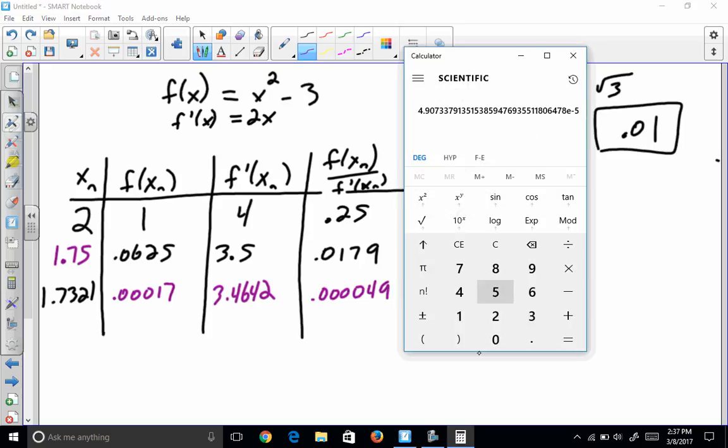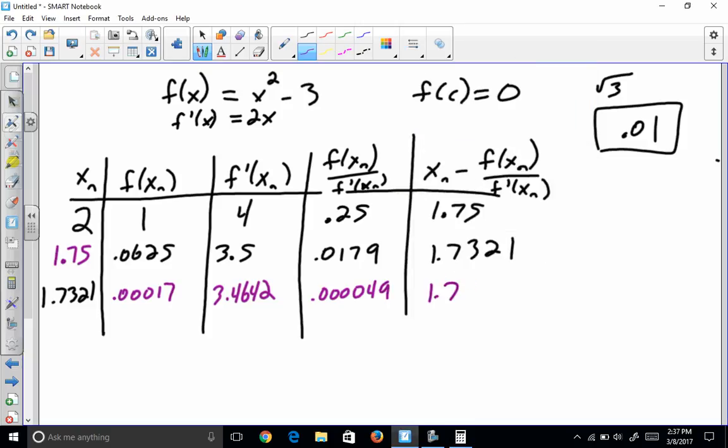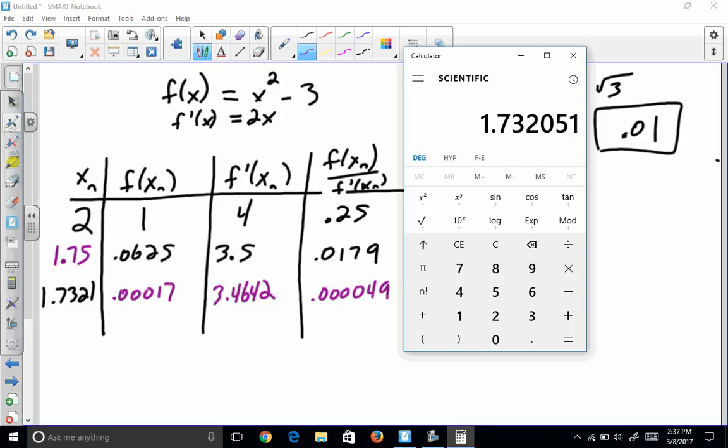So if we do our 1.7321 minus 0.00049, 1.732. If we round it to the next place, 1.73.